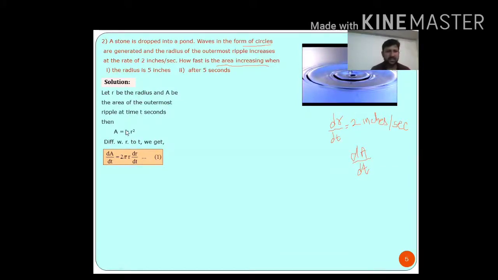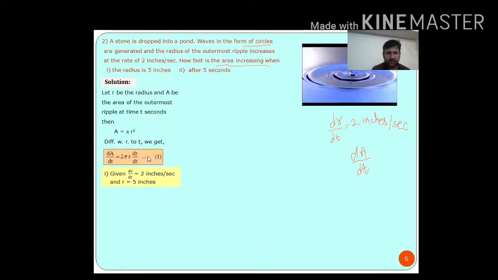Applying conditions. Let us see the first sub question. Radius is 5 inches. Given dr by dt rate is 2 inches per second. The value for radius r is equal to 5 inches in the first case. Next, to find dA by dt, substitute both values in equation 1.